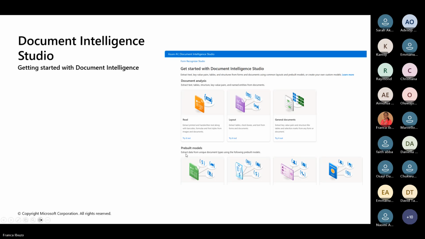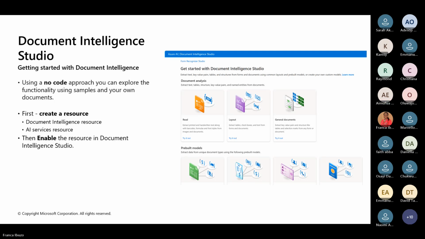So here you have the pre-built models that we talked about. You're extracting data from unique document types using the following pre-built models. So using a no-code approach, you can explore the functionality using samples and your own documents. You first create a resource.